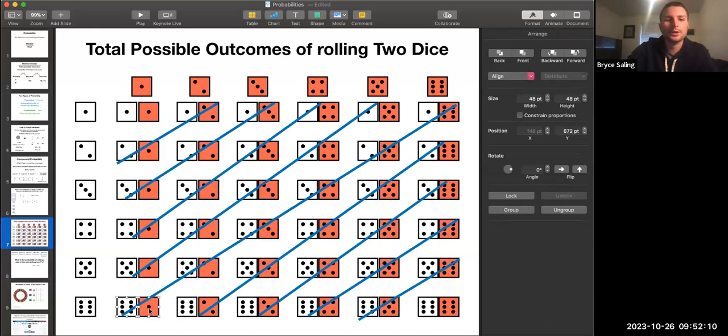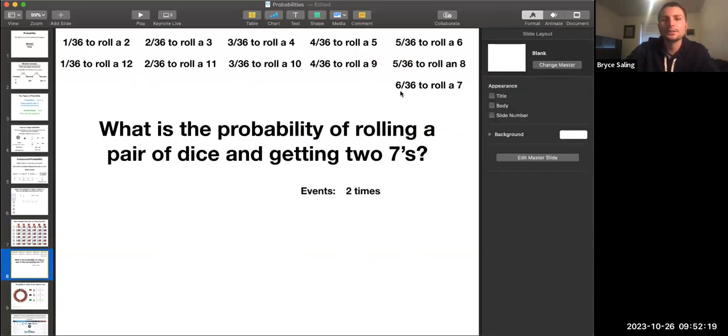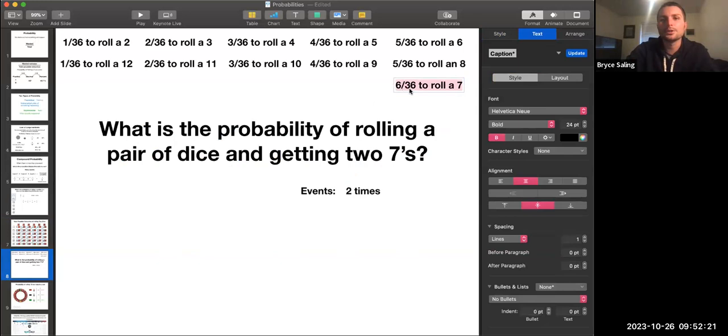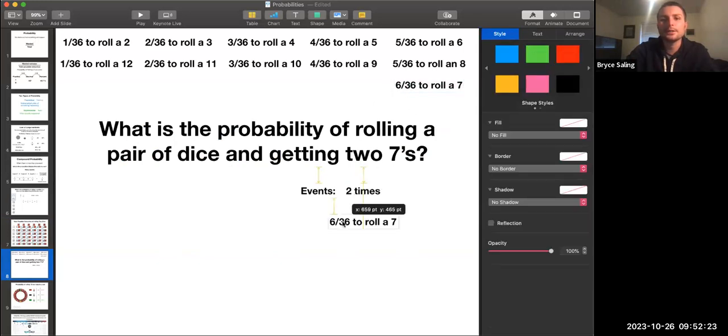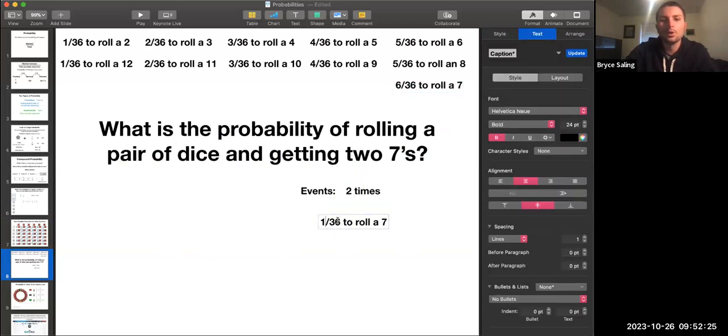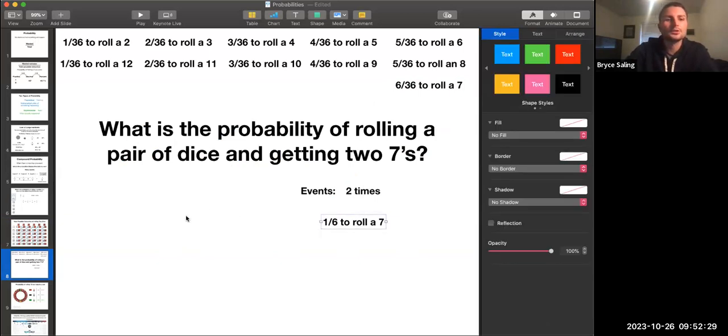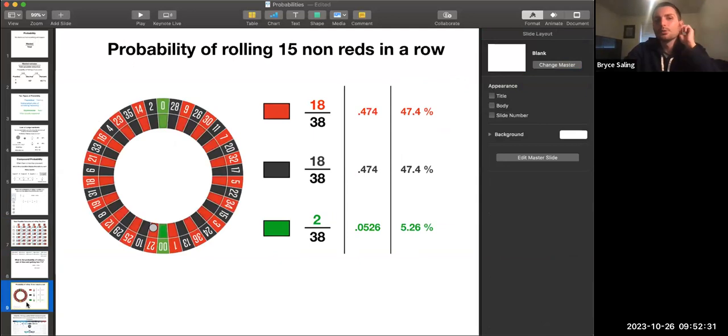So again, you count that up, we got 1, 2, 3, 4, 5, 6 out of 36 chance to roll a 7, or you could make that a 1 in 6 chance.